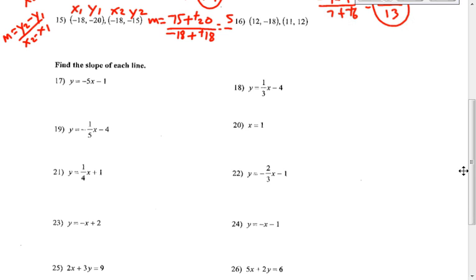And then negative 18 plus 18 is 0. You cannot divide by 0 at all. So 5 divided by 0 is a divide by 0 error. So we say that this line is undefined. An undefined line is a vertical line. So your line looks like this when graphed. Undefined. You cannot measure the incline or the decline of a vertical line. It's like a wall.